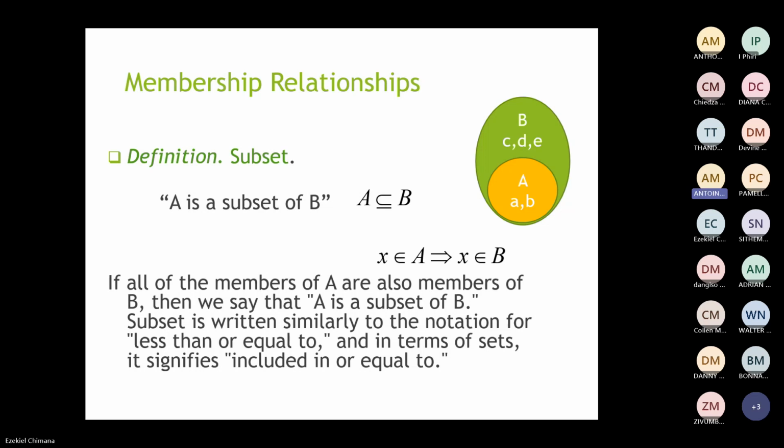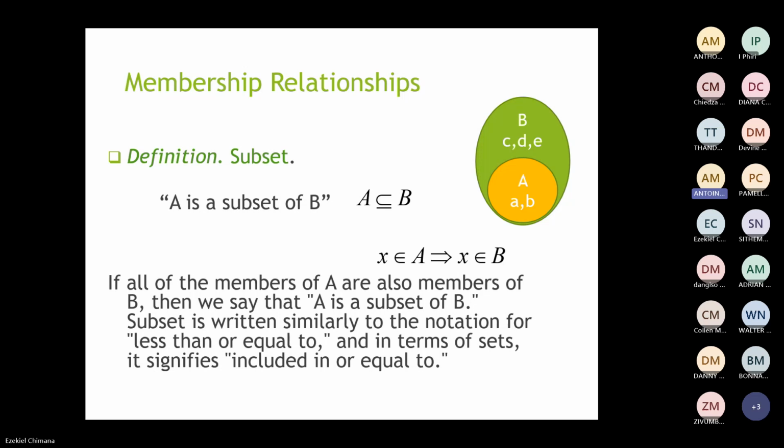Membership relationships, definition: subset. A is a subset of B. There are two sets over there, a big set and a small set. The big set is represented by B, where its elements are c, d, e.